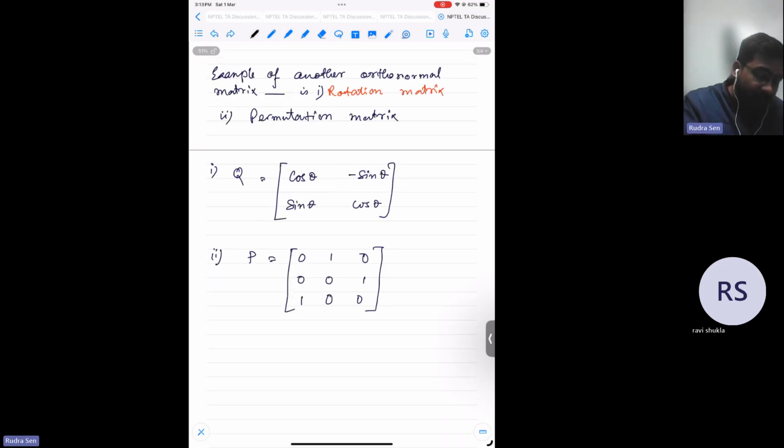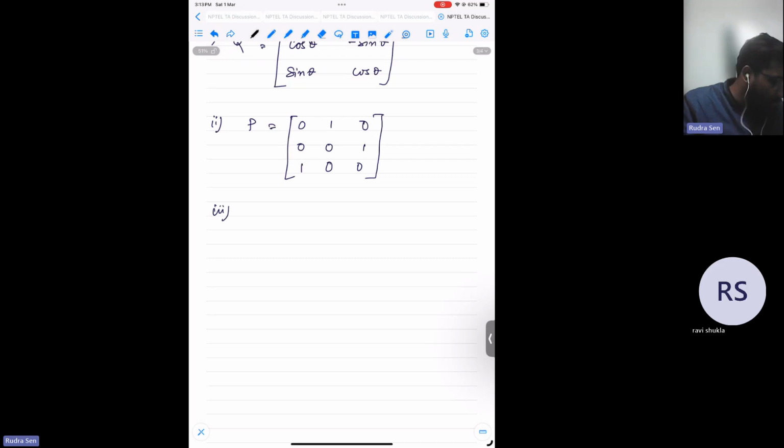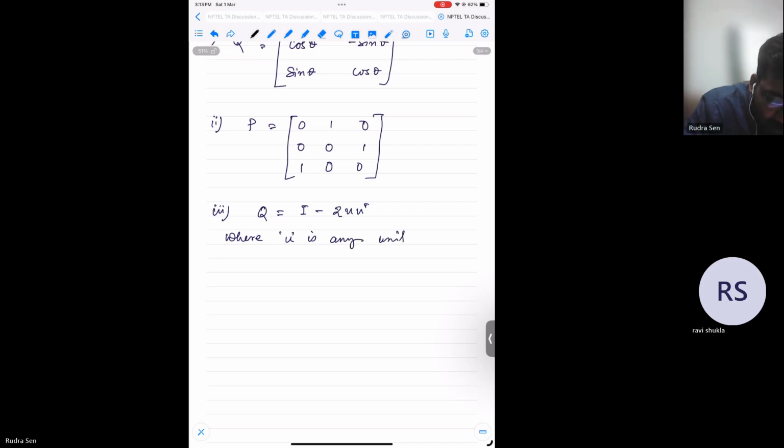Another matrix is the reflection matrix. The reflection matrix is Q equals I minus 2 u u transpose, where u is any unit vector, which means the norm of u squared is 1.